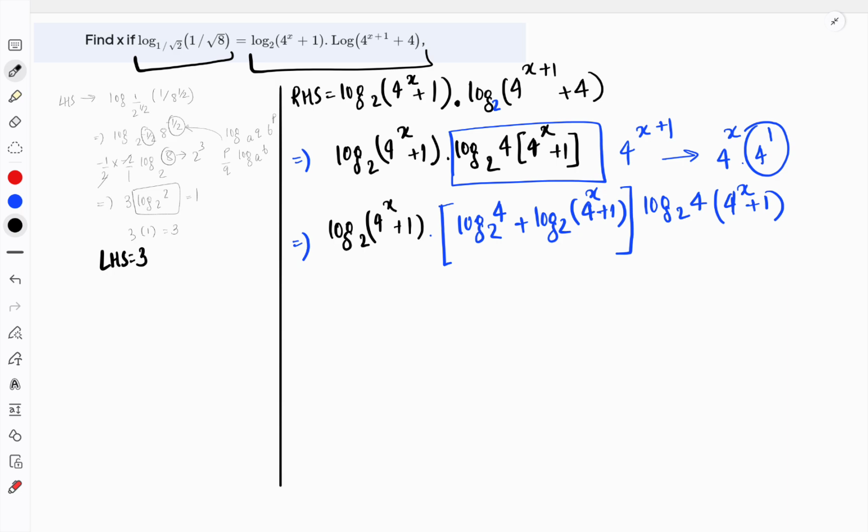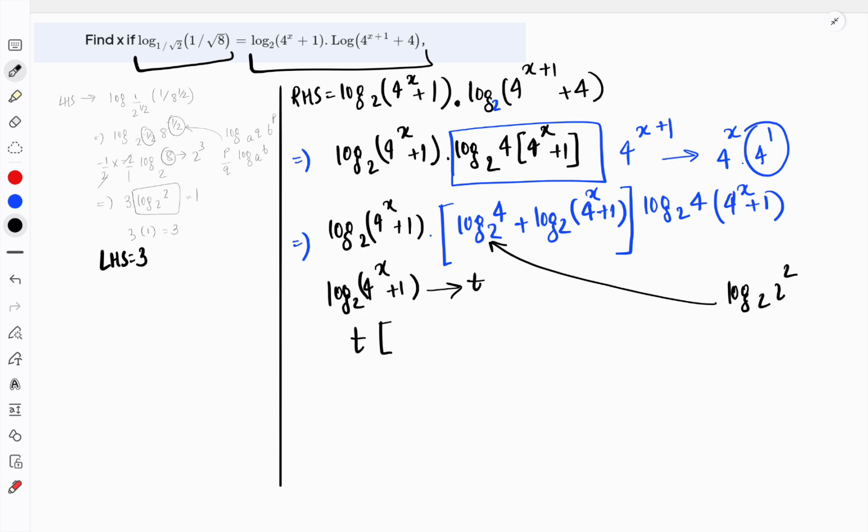Now here comes the fun part. I want to write log 4 power x plus 1 to the base 2 as equal to t. So what am I left with? A lot of sadness. T. All right, now this is log 2 2, that is 2 log 2 2.